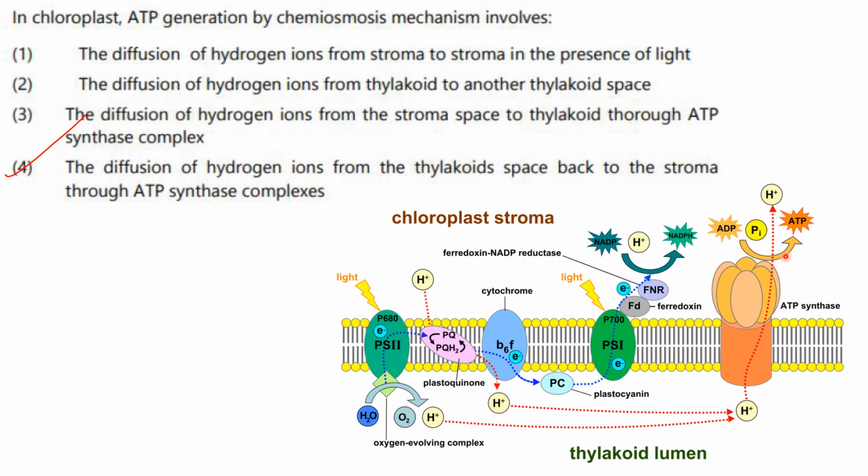It results in the formation of ATP from ADP. So the answer here is, if you see option 4, the diffusion of hydrogen ions from the thylakoid space back to the stroma through ATP synthase complexes. Answer is option 4.